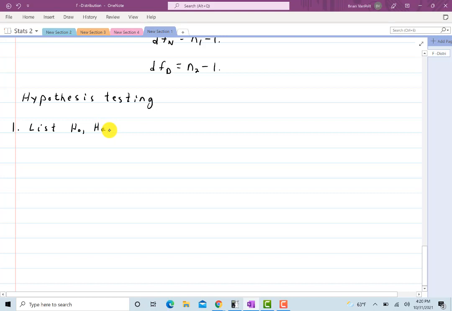The other stuff above, where you have to check to see if the populations are normal and all that, that will usually all be assumed in the problem. Then you list alpha, and I've covered this up before. Degrees of freedom in the numerator is N1 minus 1. Degrees of freedom in the denominator is N2 minus 1.